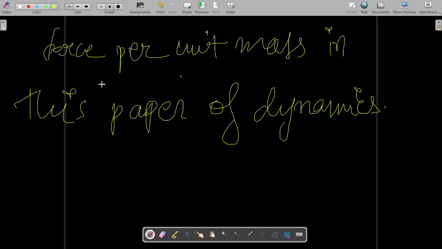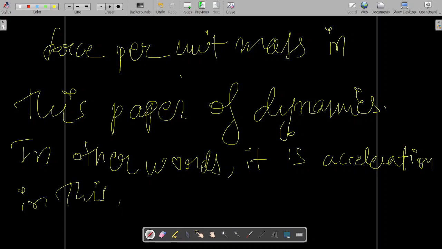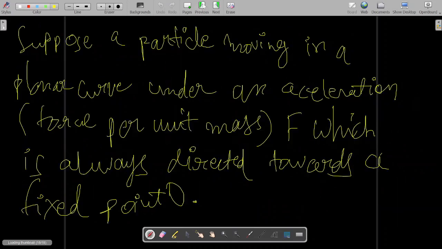In other words, it is acceleration. You have to remember this thing.